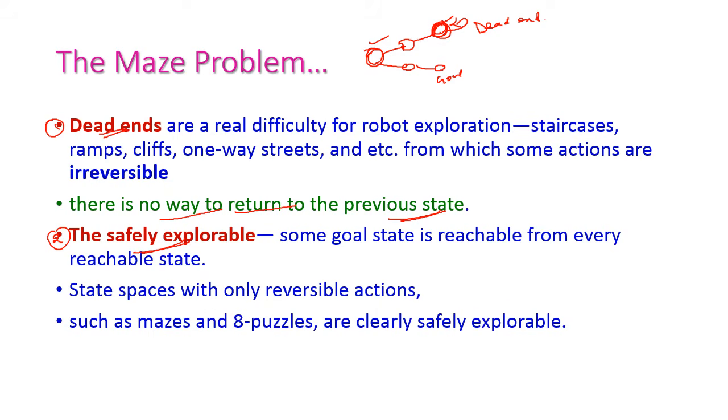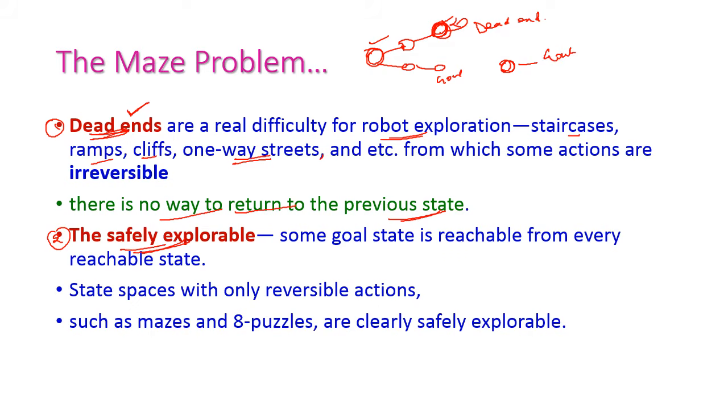For example, in robot exploration, if the robot moves on stairs, that is a staircase, ramp, cliff, or one-way street, then it cannot come back to its original place. Hence, this is called a dead end. Dead end means from this particular node we cannot reach the goal.